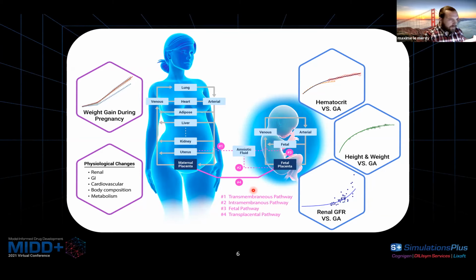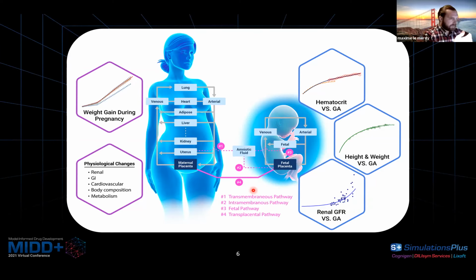What we include from the fetal side, we have the hematocrit versus the gestational age, the age and the body weight of the fetus, the renal GFR versus gestational age, and many other characteristics. So the long story short is that the model was developed with the intent to simulate both the maternal and fetal exposure at different stages of pregnancy.